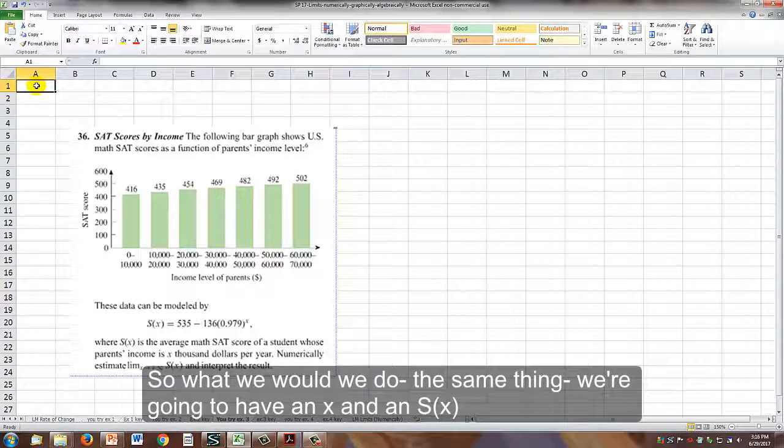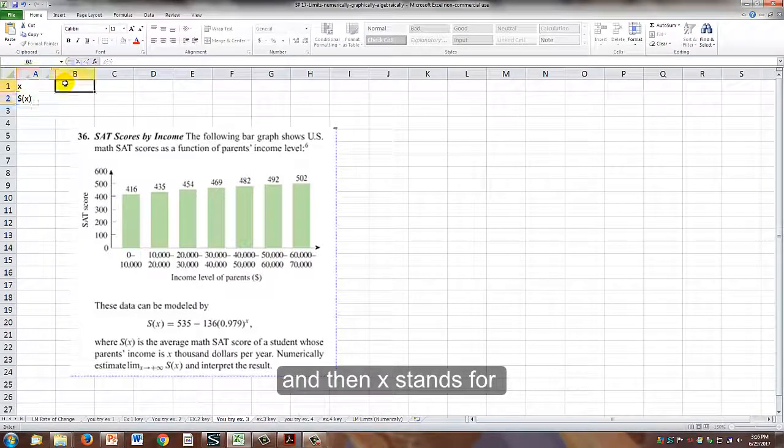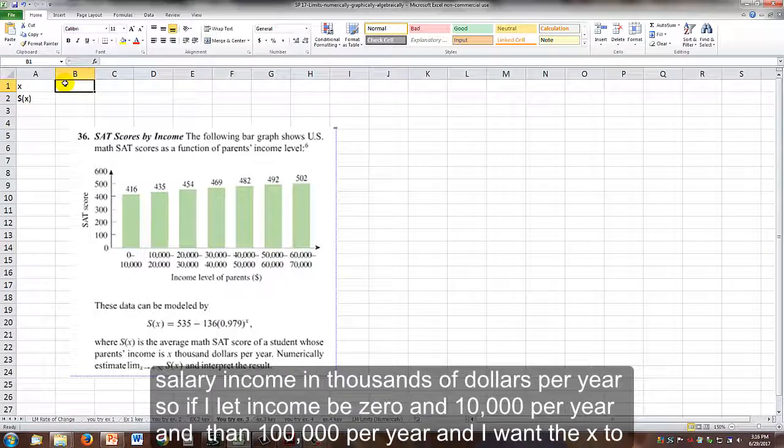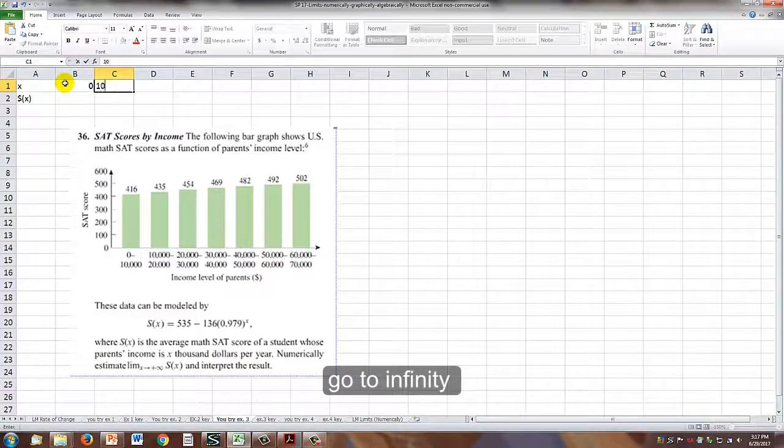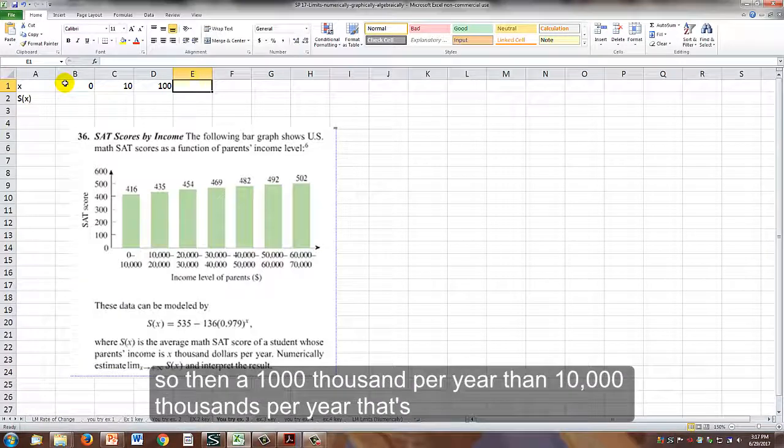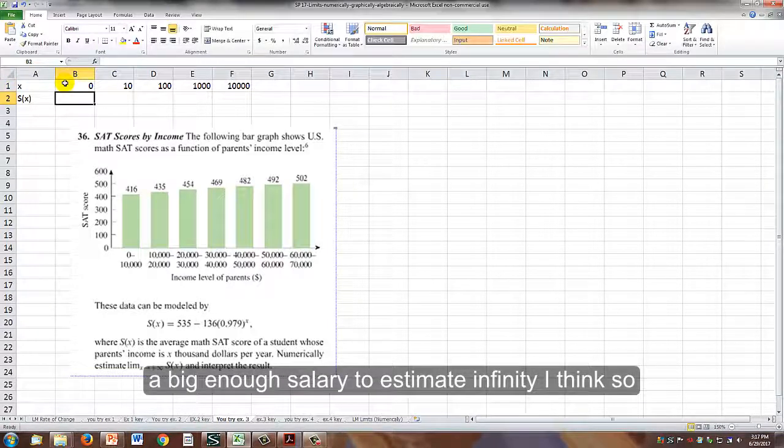So what we would do, the same thing, we're going to have an x and an S of x, and then x stands for salary, income in thousands of dollars per year. So if I let income be 0 and then 10,000 per year and then 100,000 per year, and I want x to go to infinity, so then 1,000,000 per year and then 10,000 thousands per year, that's a big enough salary to estimate infinity, I think.